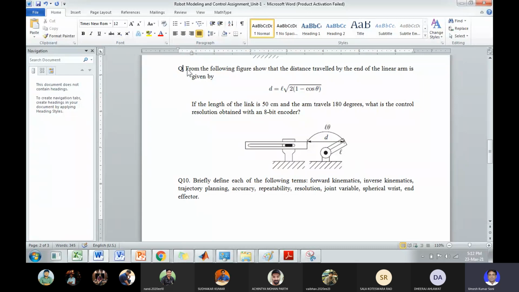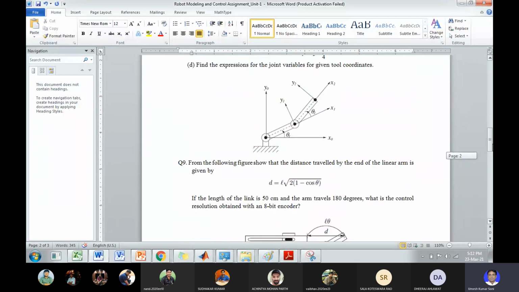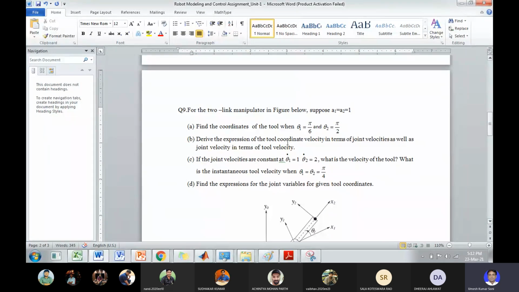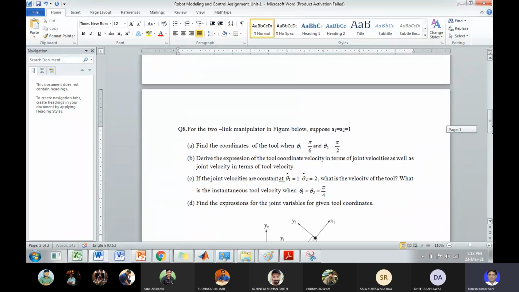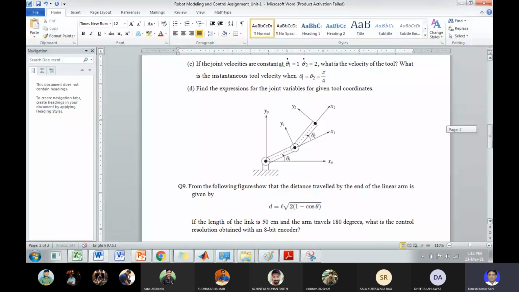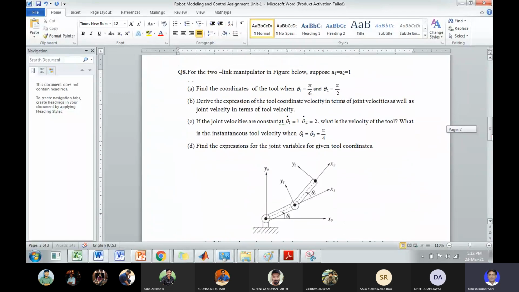So start doing that. If you have completed up to question number 7, then you can do the same from question number 8, in continuation with question number 7. So note this question.